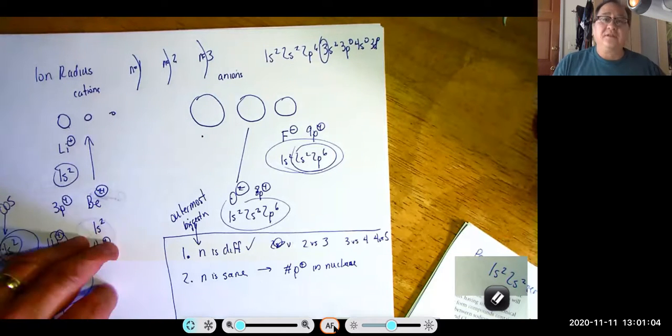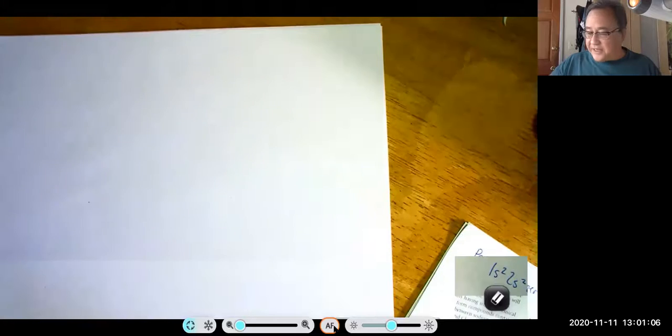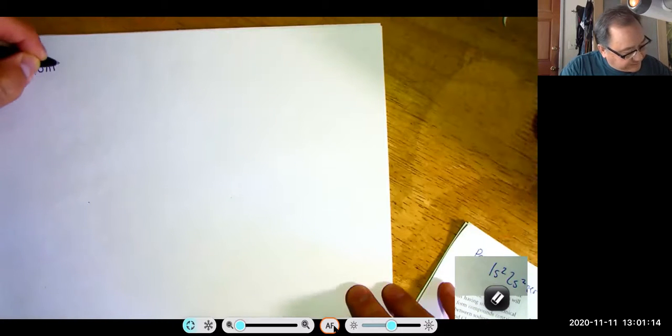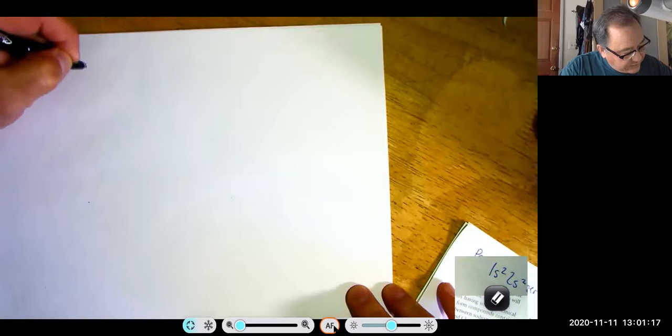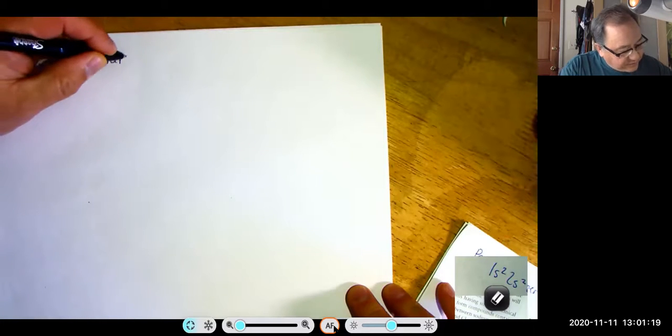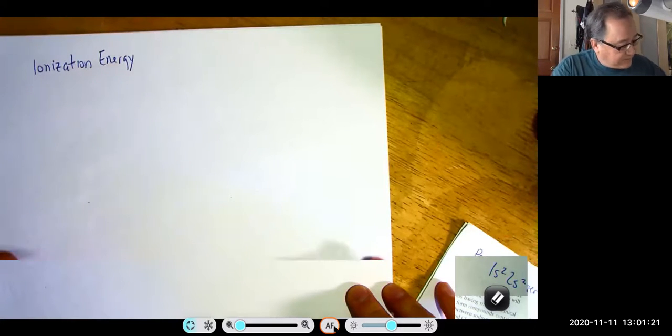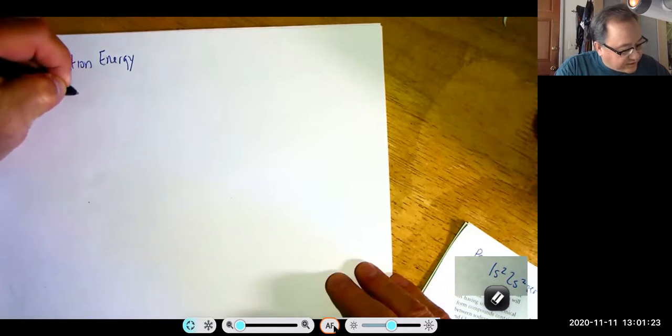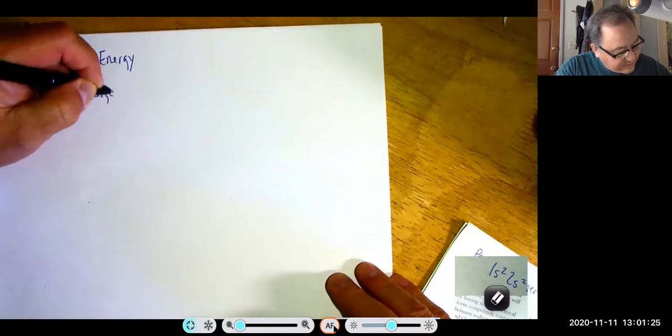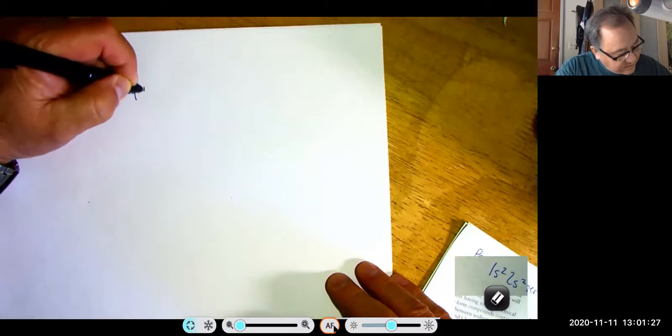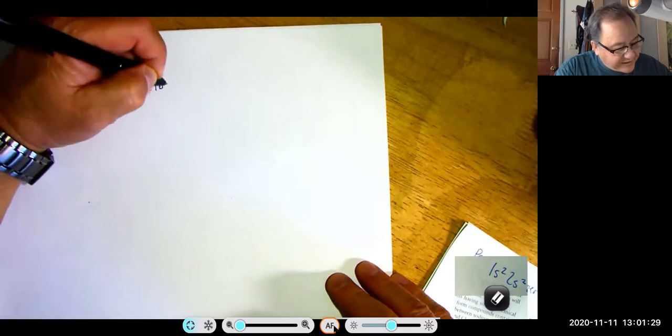The two other trends that you need to worry about are ionization energy, the thing that you studied before for the lab. This is the energy required to remove the easiest electron.